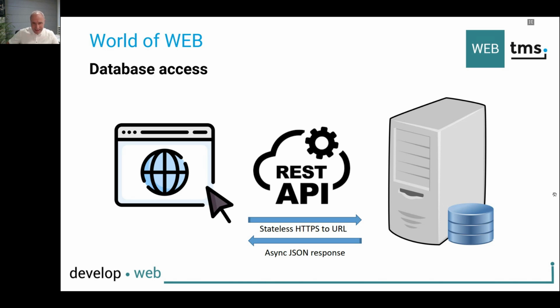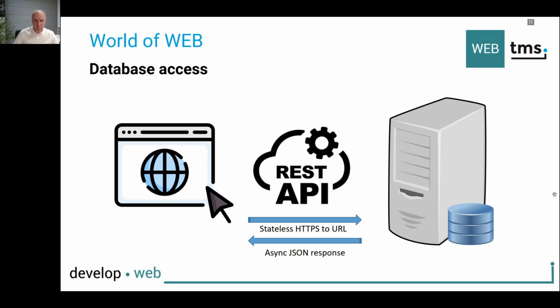Our own TMS XData is among possible solutions, but you can also use something like WebBroker or Embarcadero RAD Server and several other open source tools to create a REST API to access your data on the central server. And obviously, that REST API will also be the guard for ensuring that only people with the right credentials, with the right authentication and authorization, will be able to access that data via the REST API.